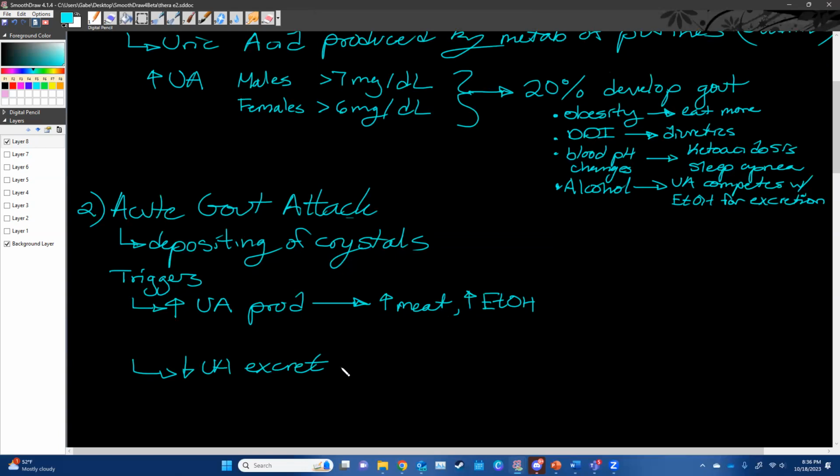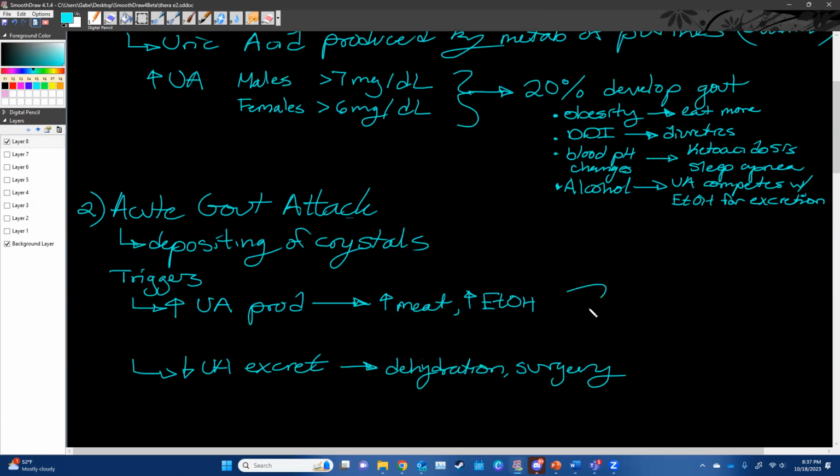In terms of decreased excretion, usually this has to do with dehydration. Maybe they were out in the sun, they went to the beach, and then they got really, really dehydrated. Surgery, maybe their kidneys aren't working so well, trauma, diuresis, that sort of thing. So their kidney function has gone down.